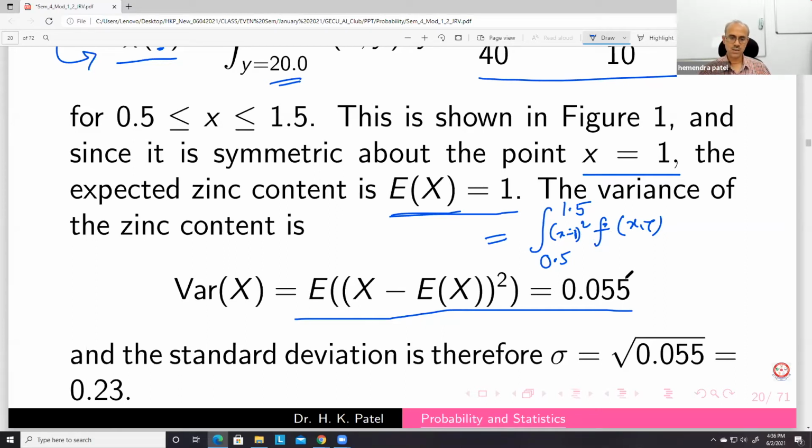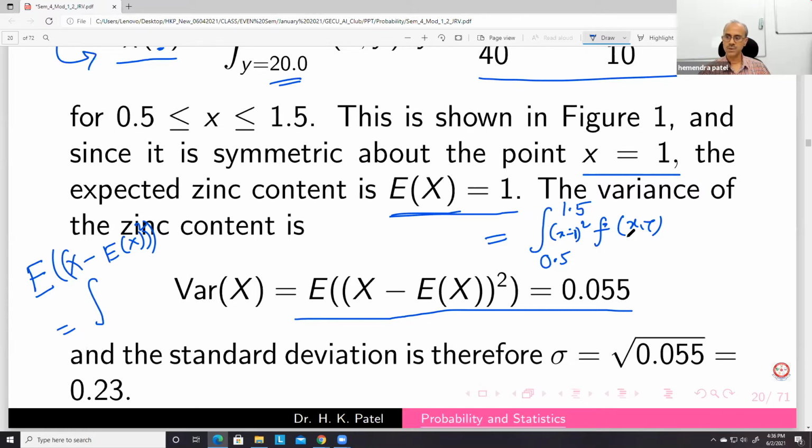Because expectation of x minus Ex whole square, by definition of expectation, okay, you have to take double integral, not single integral.